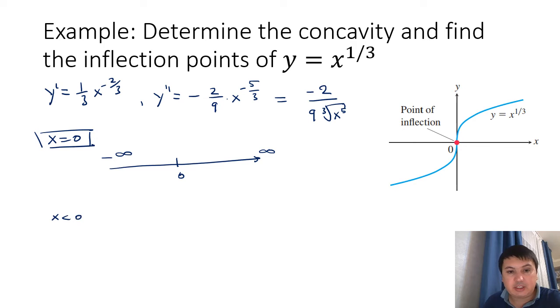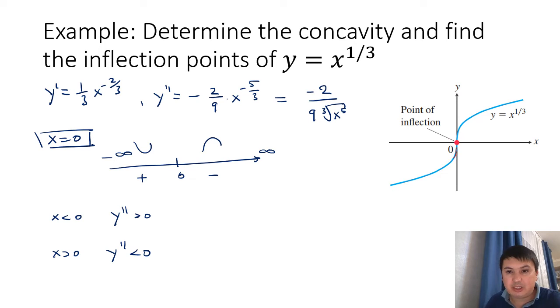Now if x is less than 0, what do you get for the second derivative? Well, we have minus 2 divided by, so the denominator also becomes negative, so minus over minus is going to be plus, right? So here it's positive, and if x is positive, then this becomes negative. So here I have concave up, there I have concave down.